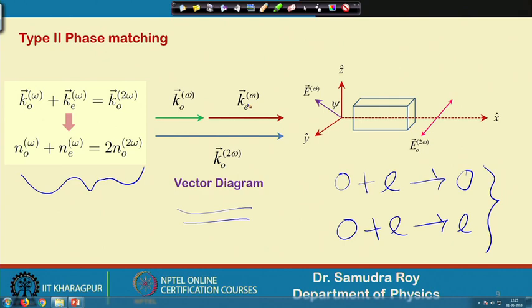And in the figure we can also see that if I launch an electric field in this direction, when it passes through the system, if it generates an electric field which is ordinary in nature, then it will vibrate along this direction. So, we start from this launch electric field, but the second harmonic field will change its polarization state, and the ordinary wave will vibrate in the y direction. So, this is a schematic figure to show how the second harmonic will be generated in lithium niobate crystal, where type 1 and type 2 phase matchings are there together.